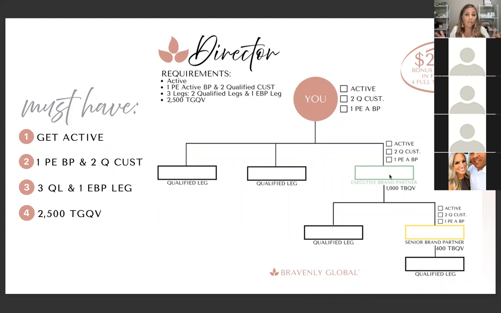The best part of this business, you guys, is you can go all the way to the top of our compensation plan with 5 legs. So that means after you have your 5 top legs, every single brand partner that you enroll after that is getting placed under one of your legs in your organization. Okay, that is just how this works.